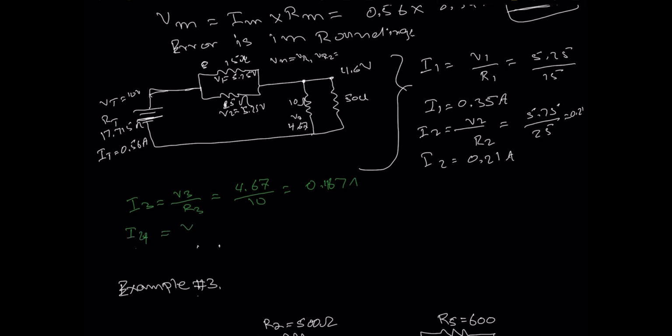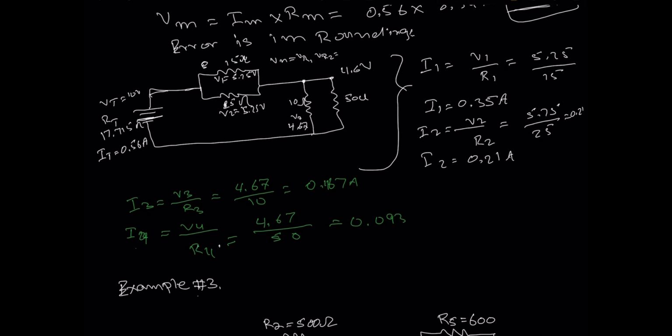I4 will be V4 divided by R4, which will give me 4.67 volt divided by 50. 4.67 divided by 50 will give me 0.0934 amp.